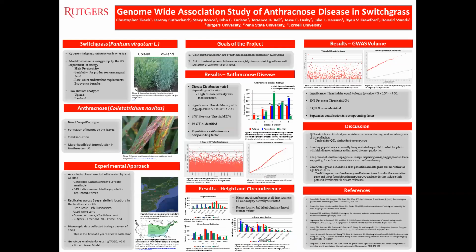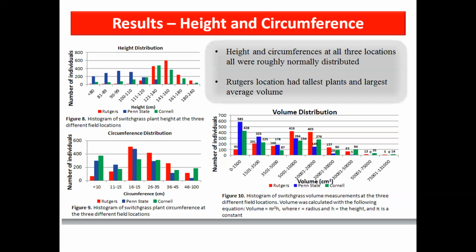So the next part that we're going to zoom in on is the results on the height and circumference. Both the height and the circumference histograms shown here on the left show a roughly normal distribution for each of the 3 locations that were measured. The height measurements ranged from relatively small plants that were less than 80 centimeters in height to exceptionally tall plants that were more than 200 centimeters in height.